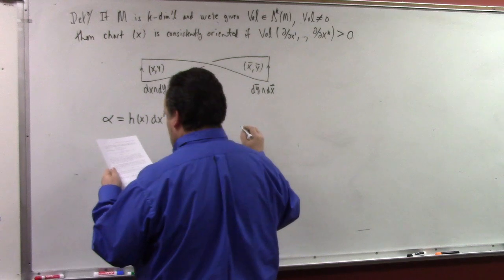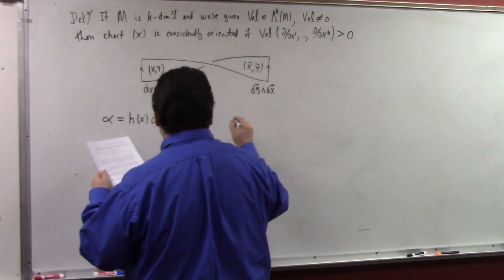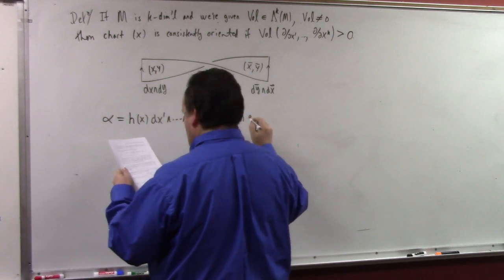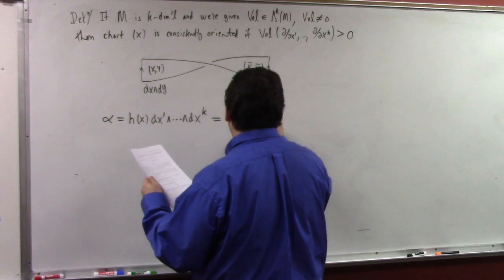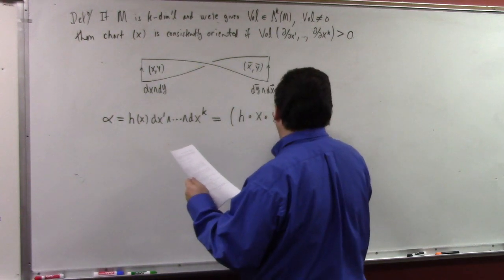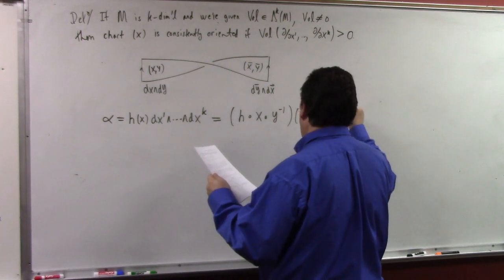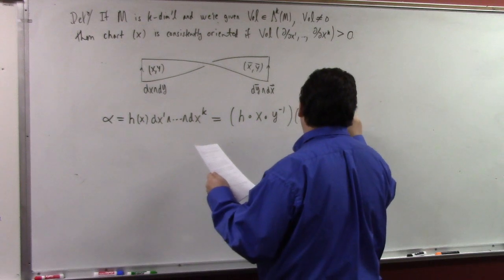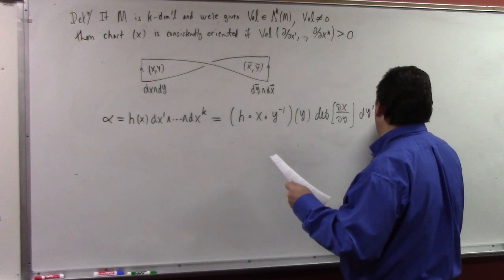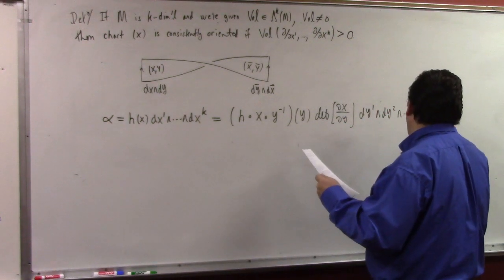But we can also write it, as I explain in the notes, and I can explain more here, as h composed with x composed with y inverse of y, times the determinant of partial x partial y, times dy1 wedge dy2 wedge ... wedge dyk.